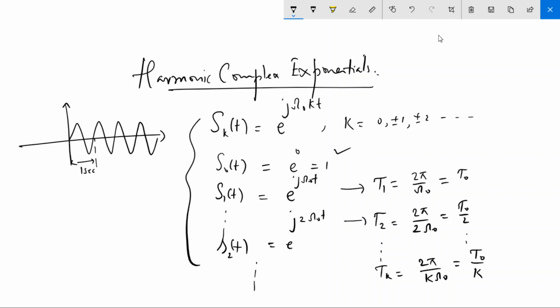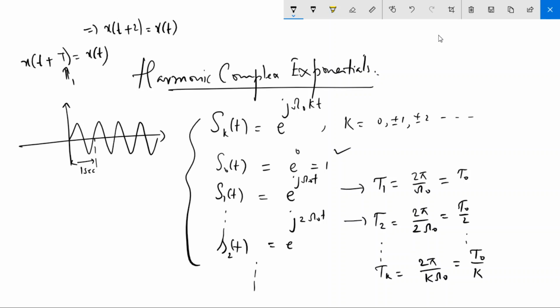If it is periodic with 1 second, I can say it is also periodic with 2 seconds, because it satisfies the equation x(t + T) = x(t). T in this case is 1, so x(t + 1) equals x(t). But it also guarantees that x(t + 2) will be x(t), isn't it? But when you define the time period, we take the minimum value.